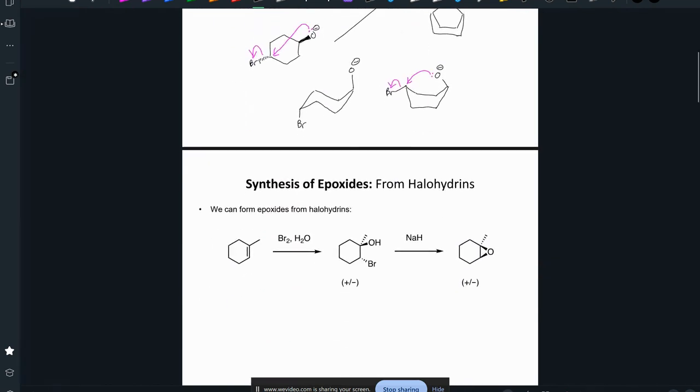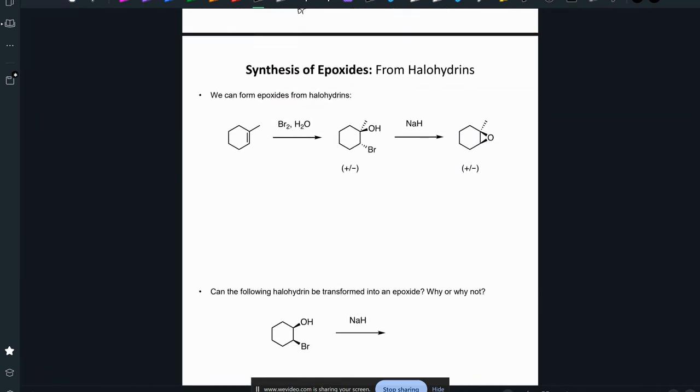So you might ask, can I do this to form an epoxide? And I can. Halohydrin is another word for a vicinal halo alcohol. If I have the alcohol and the alkyl halide on neighboring carbons, this is a way I can make epoxides.